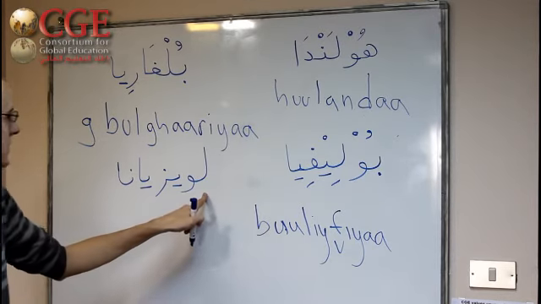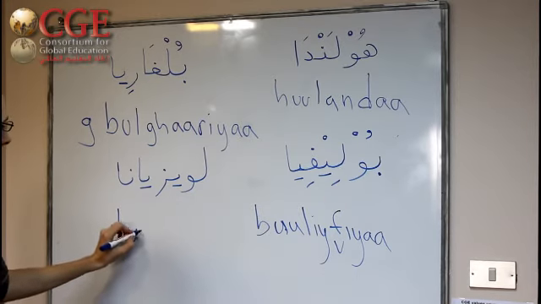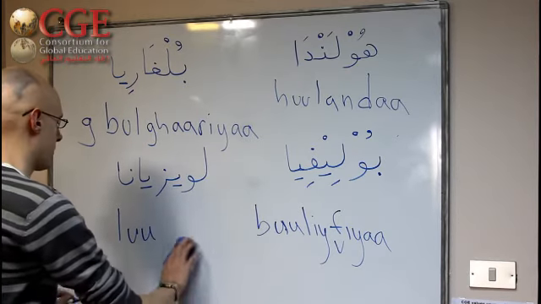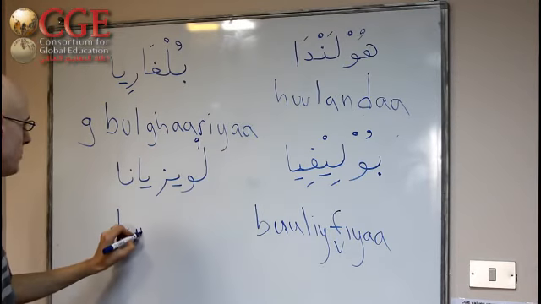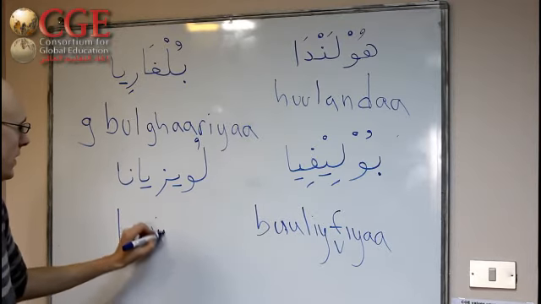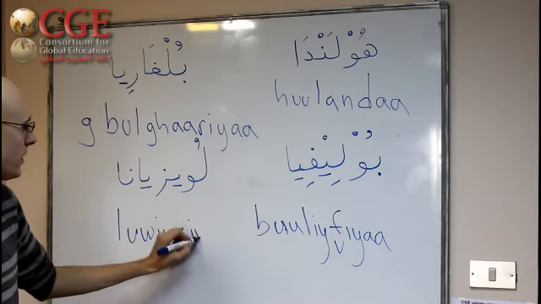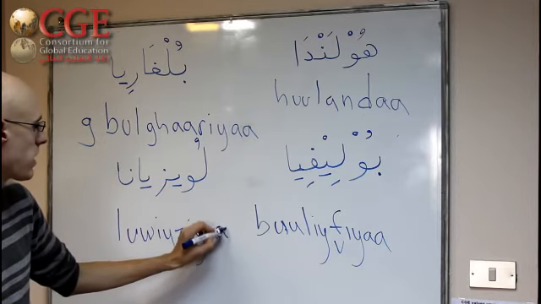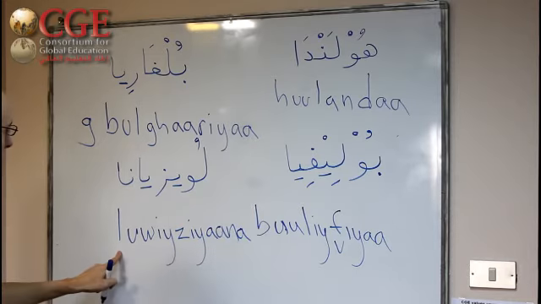Alright, now let's take a look at this one. We have an L, a long U, actually, it's a consonant. Then a long I. Then another long I. And another long A. I'll just put one.